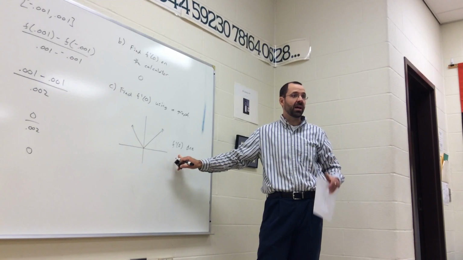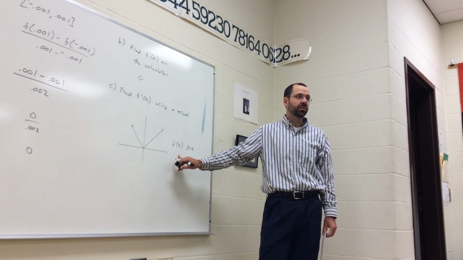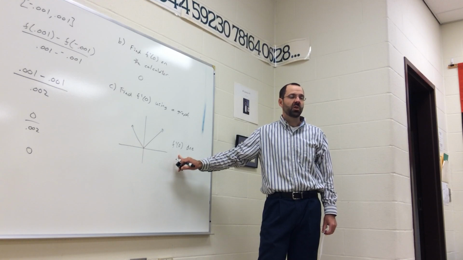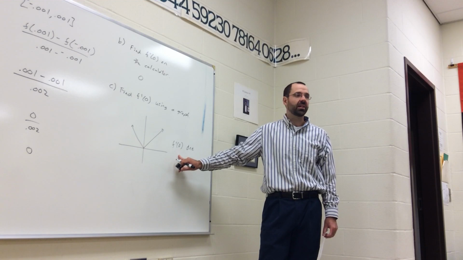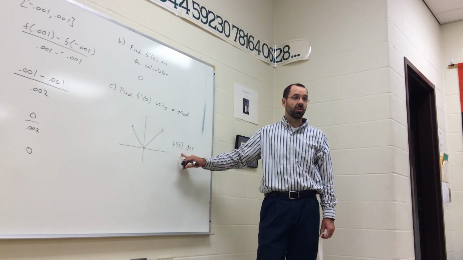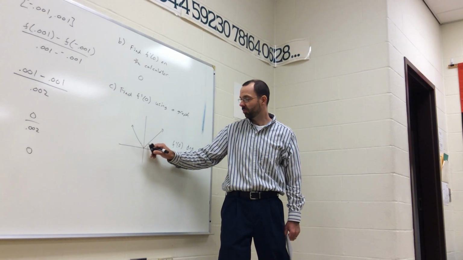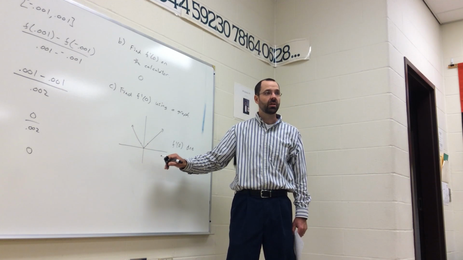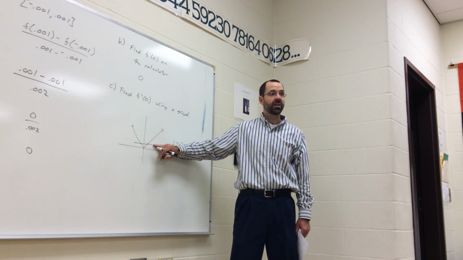So you have to keep in mind that when you use Math 8, sometimes it's totally wrong. You also have to keep in mind sometimes it's slightly wrong. Well, it's actually always slightly wrong. Keep that in mind. But also keep in mind that sometimes it's totally wrong. So what's going on here is, if you find the slope of 2 points around 0, you do get a flat line, right?